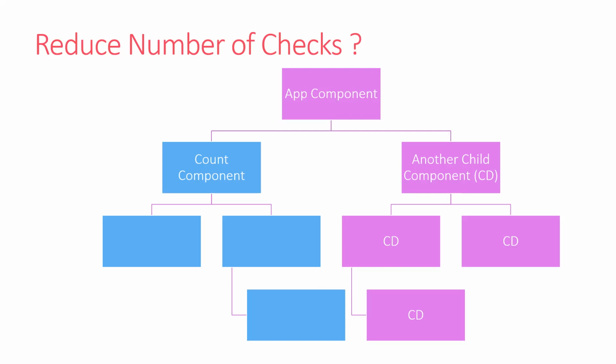So if you avoid running the check for one component, all its children will also not get executed. And just by changing the strategy of one component from default to OnPush, I have reduced the number of checks for this tree almost by 50%.